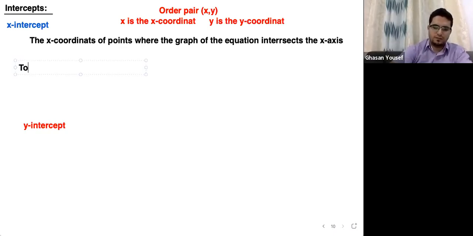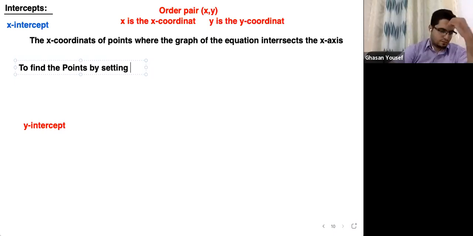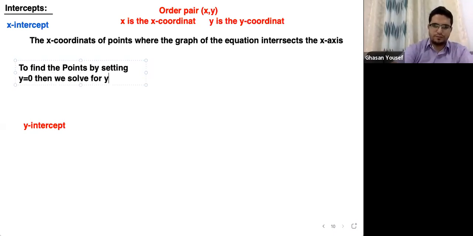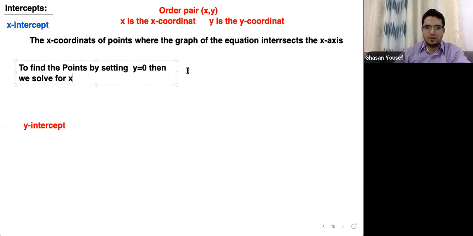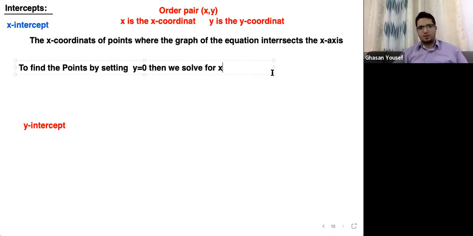To find the points, we set y equals 0, then we solve for x. This is the idea of how we can find it.